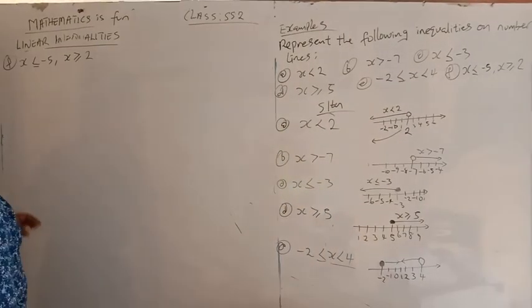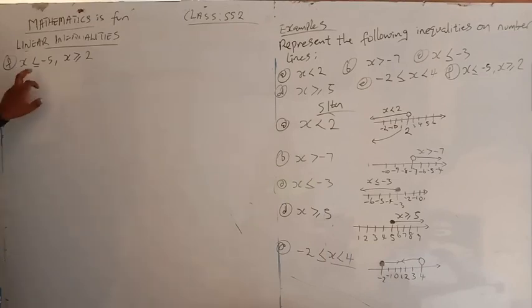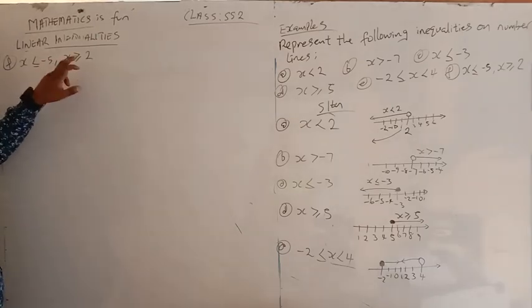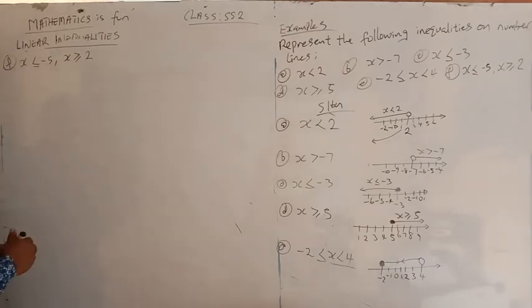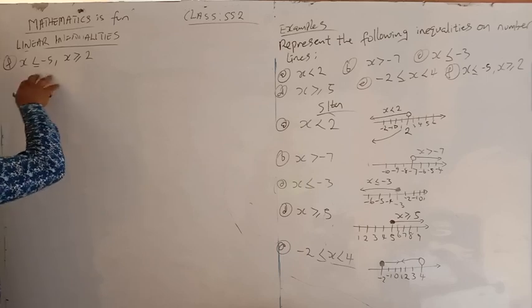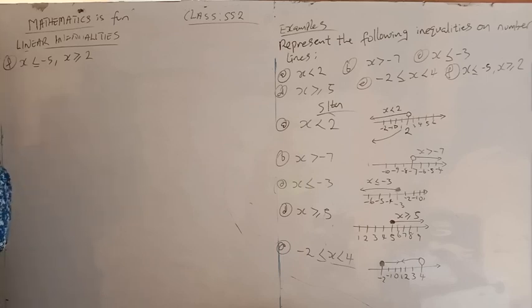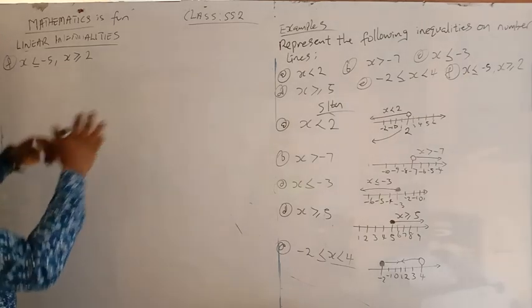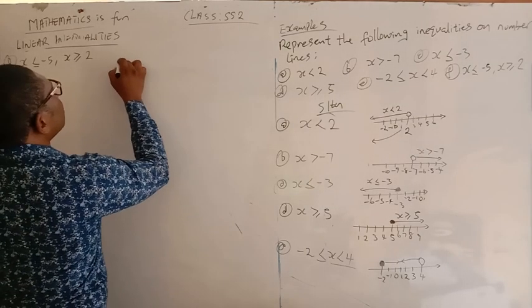Now, the last one here is saying x is less than or equal to minus 5, comma, x greater than or equal to 2. These two cannot come together, and so is their behavior on the line. Let's see.